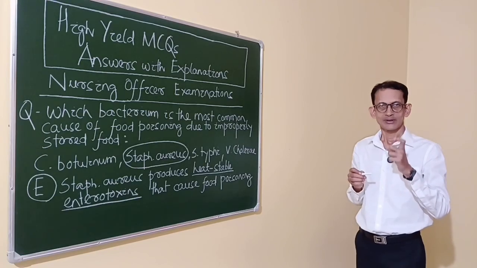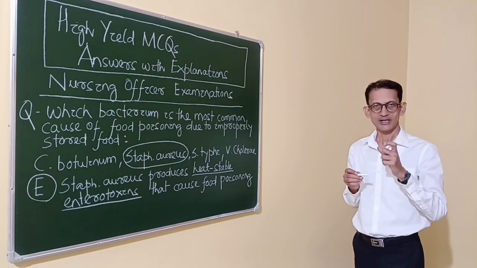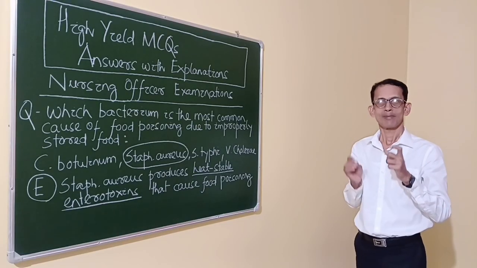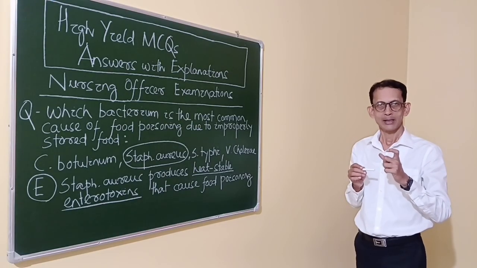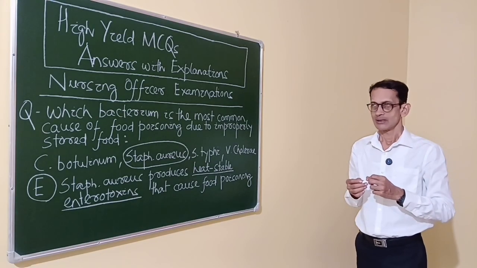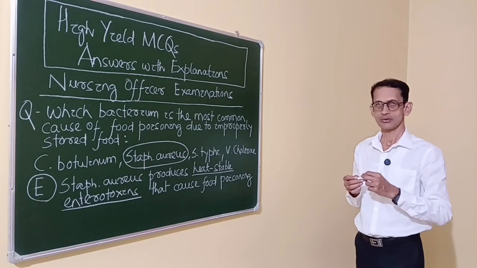The explanation in this channel is in English, so the biggest benefit for you is you can easily make notes by watching the videos and by reading the transcripts available below the video description. So guys, let's start with our high yield MCQs.